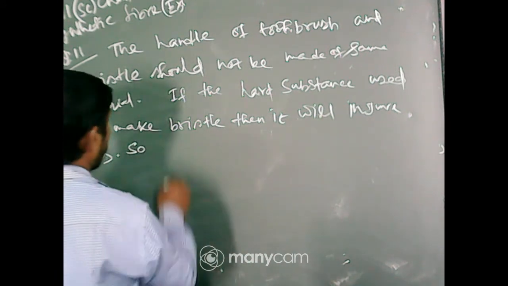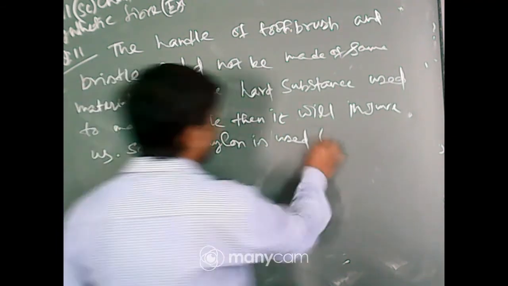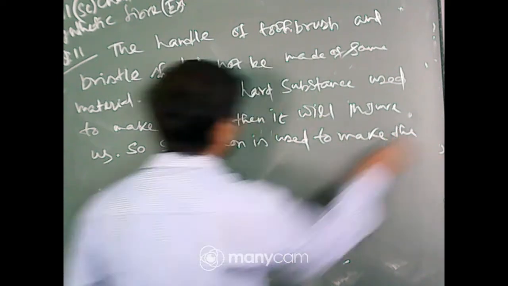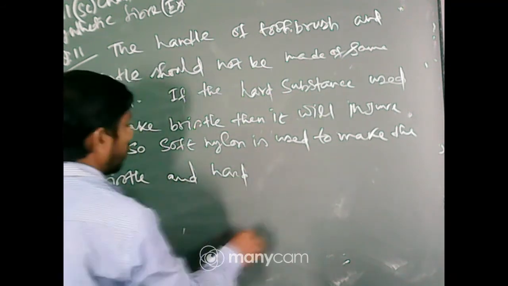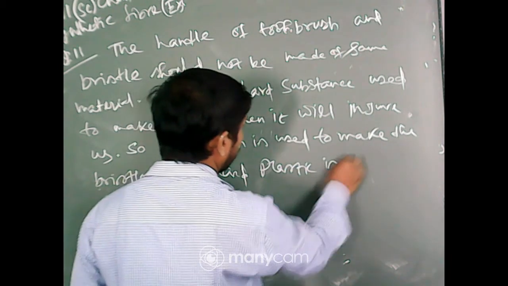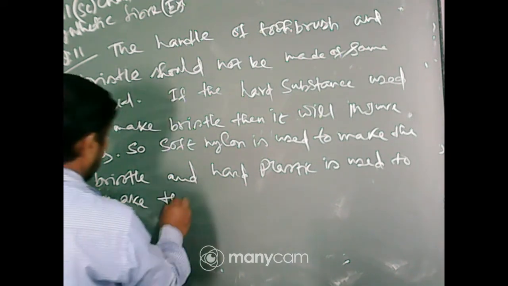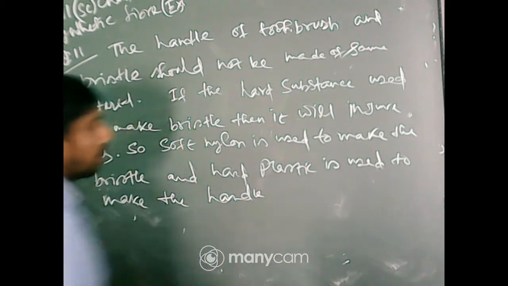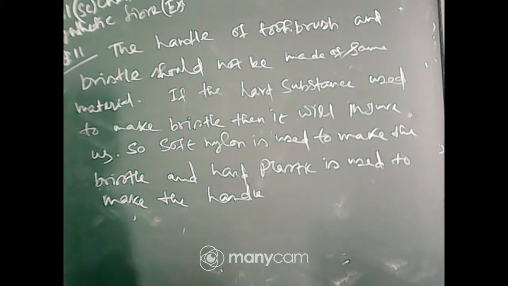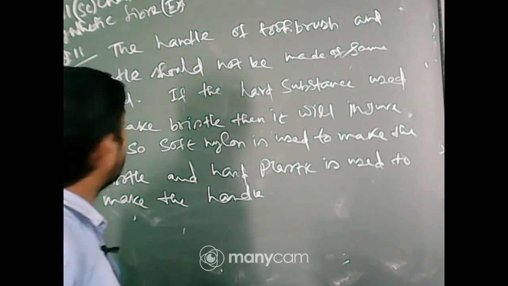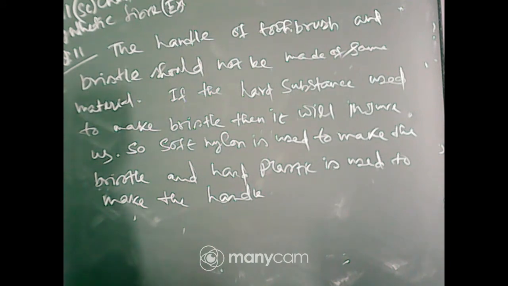So soft nylon is used to make the bristle of the toothbrush, and hard plastic is used to make the handle. Is it clear?